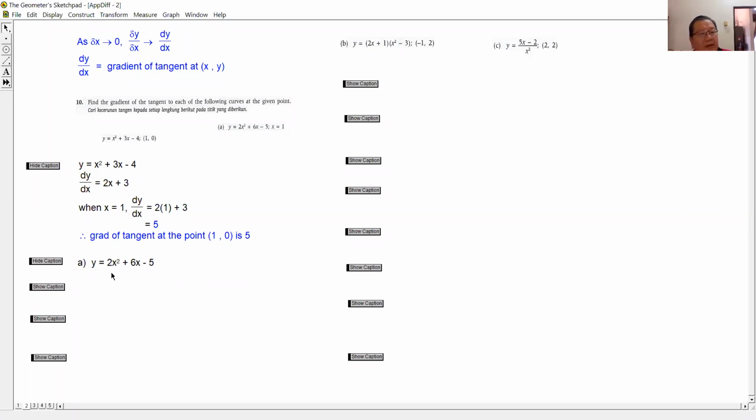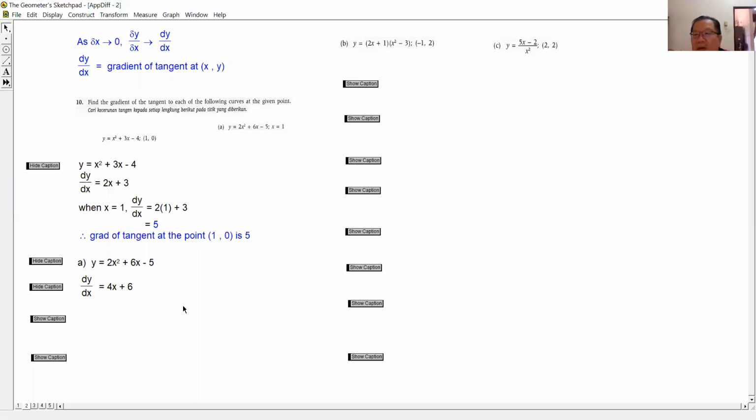So we start off by doing what? What is the next step? Find dy dx. Correct. So I differentiate, and I get dy dx = 4x plus 6. So what must I do after finding dy dx? I have to substitute the x value.